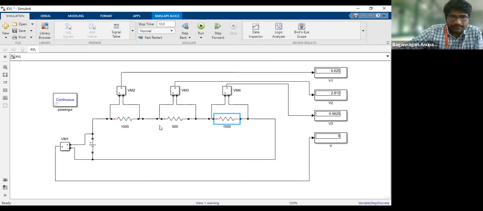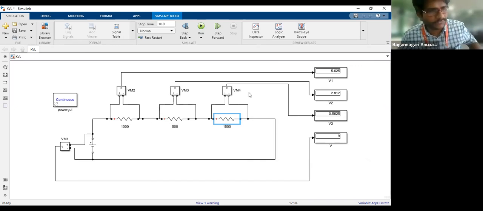It will be better if you take some example which you already solved. Can someone share an example of mesh analysis with three loops which you already solved and have the answers for? WhatsApp me the picture of the circuit which you solved. Let us verify whether we can find those values or not.